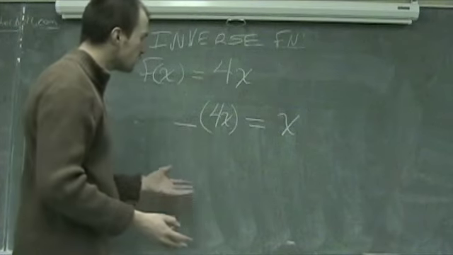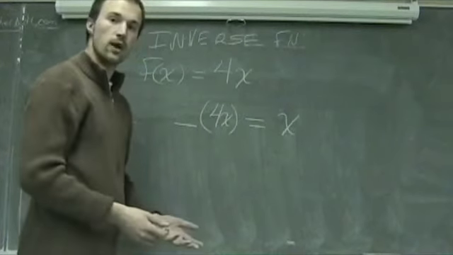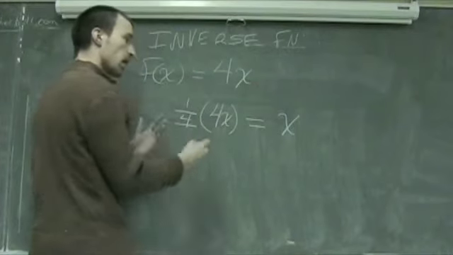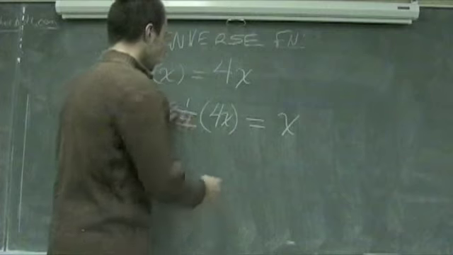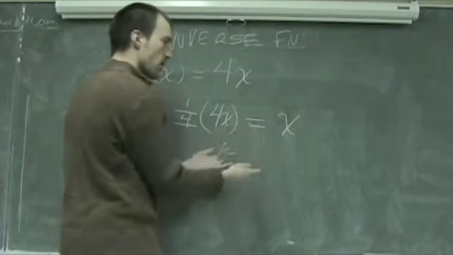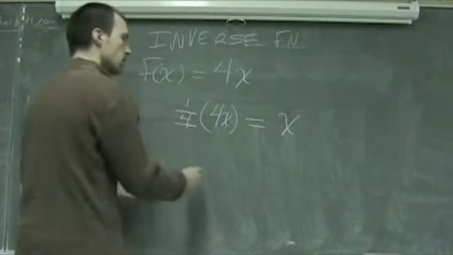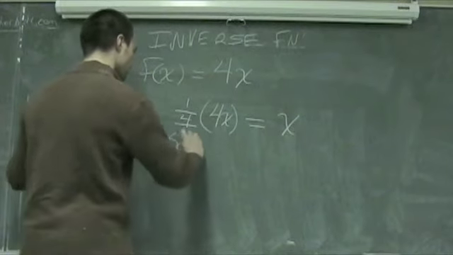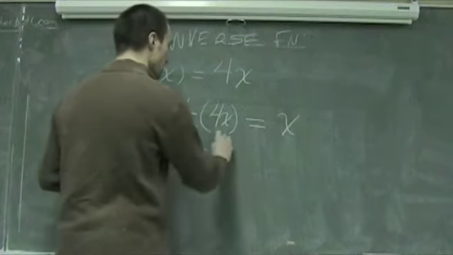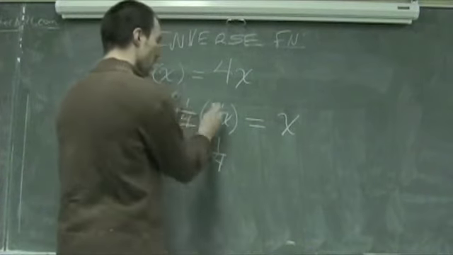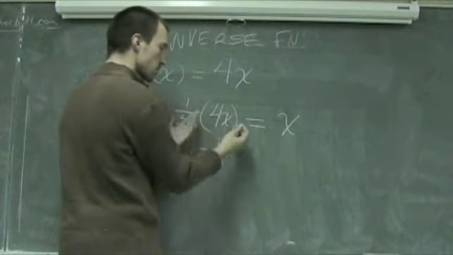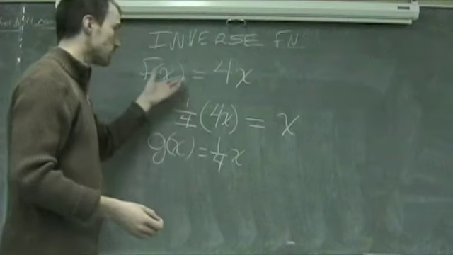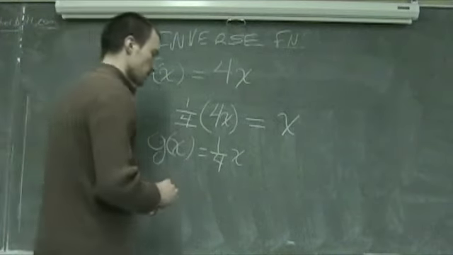Well, that would mean that I would divide by 4, right? Or I would multiply by 1/4. And 1/4 times the quantity 4x will yield me this x value. And so my g of x value is going to be 1/4 times x. This is the inverse of this function up here.